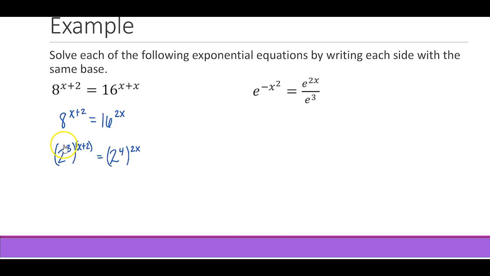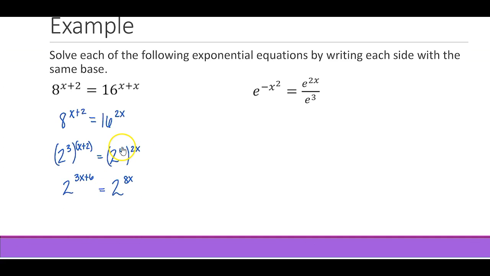Now here, we have to make sure to multiply the exponent of 3 to the exponent of x plus 2, all in parentheses, so the 3 is going to distribute. I have 2 to the 3x plus 6 power, and on the right side, 2 to the 8x. So we're multiplying 4 times 2x.